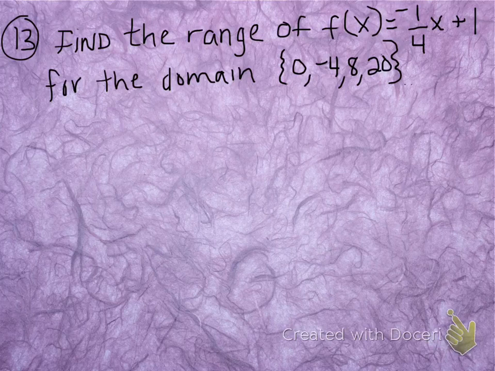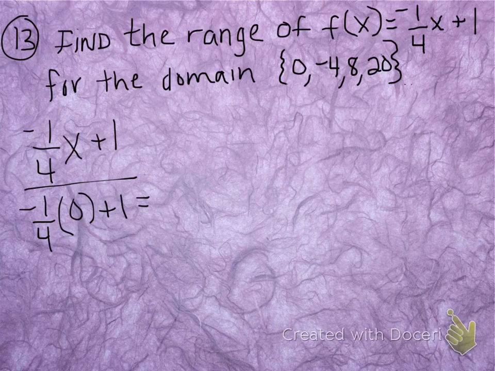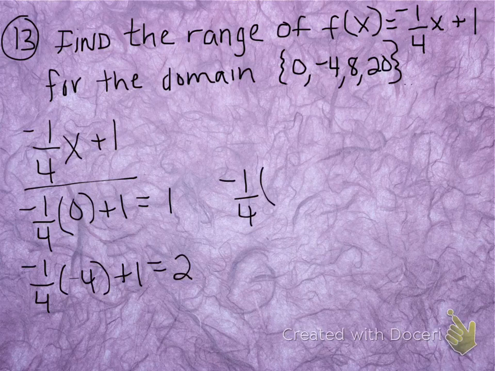All right, find the range of f of x equals -1/4 x plus 1 for the domain of 0, -4, 8, 20. So, all right, -1/4 times 0 plus 1, which is going to give you 0 plus 1, which is 1. -1/4 times -4 plus 1. -1/4 times -4 is 1, plus 1 gives you 2. -1/4 times 8 plus 1. -1/4 times 8 is -2, plus 1 gives you -1.